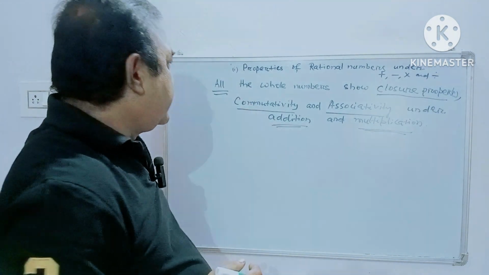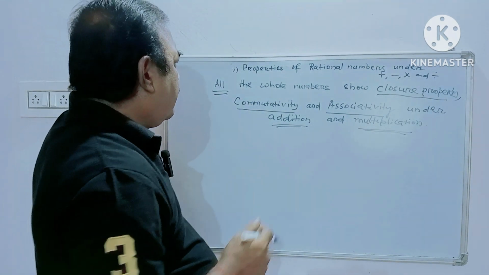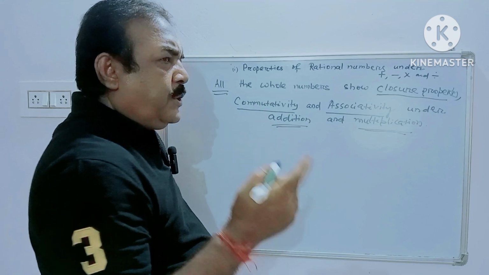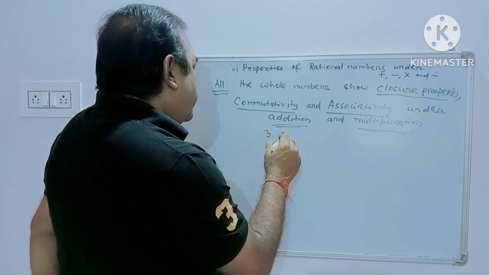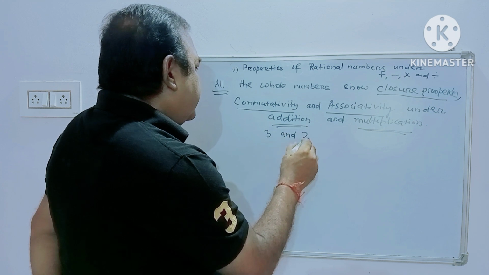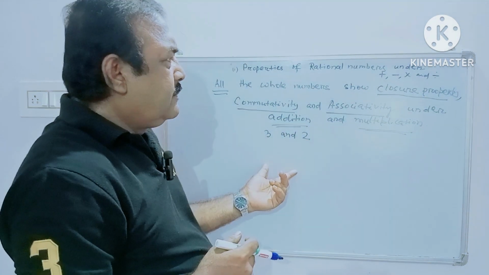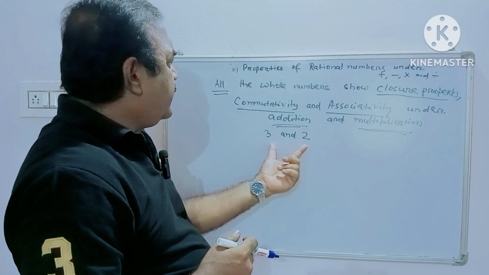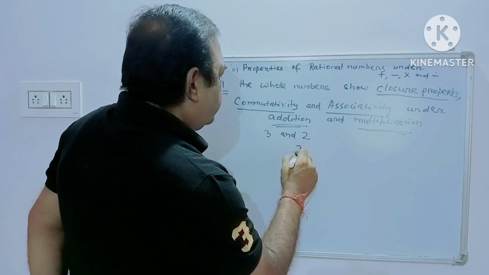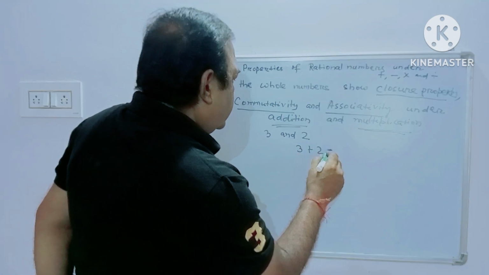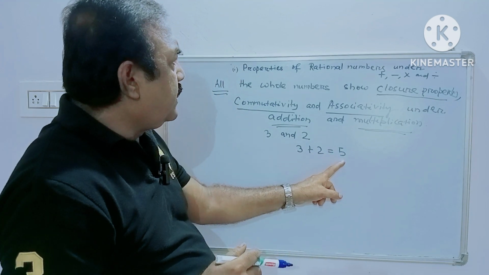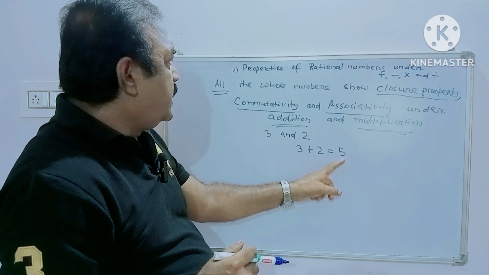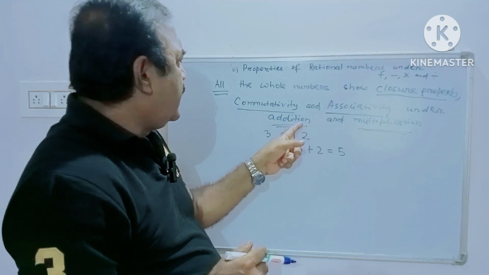Suppose you take any two whole numbers, 3 and 2. If you add them, 3 plus 2 is equal to 5. So the sum of two whole numbers is a whole number. So they show closure property under addition.